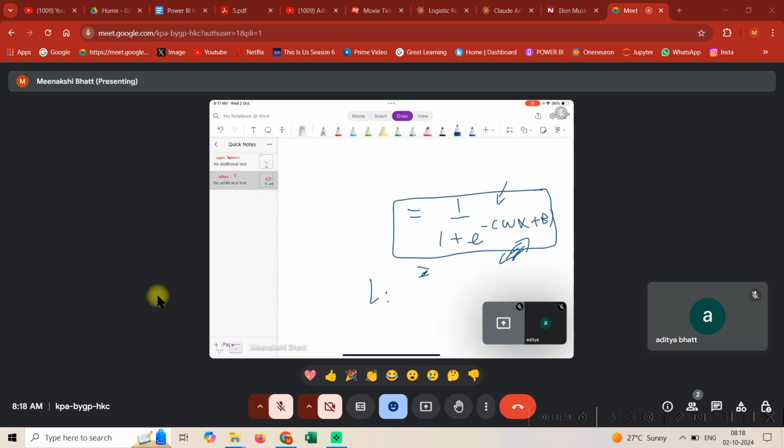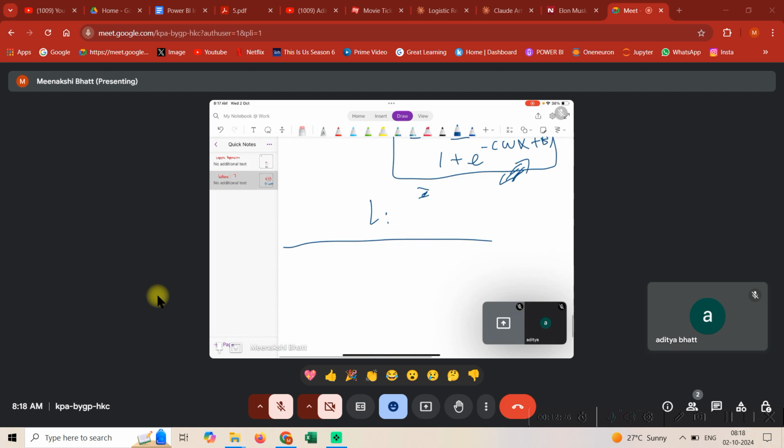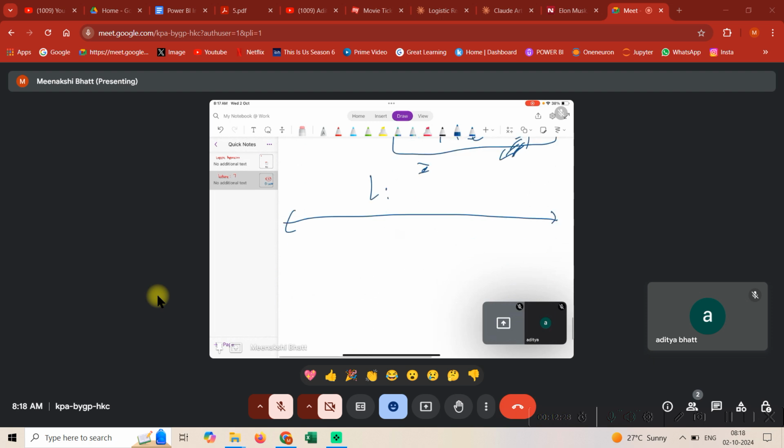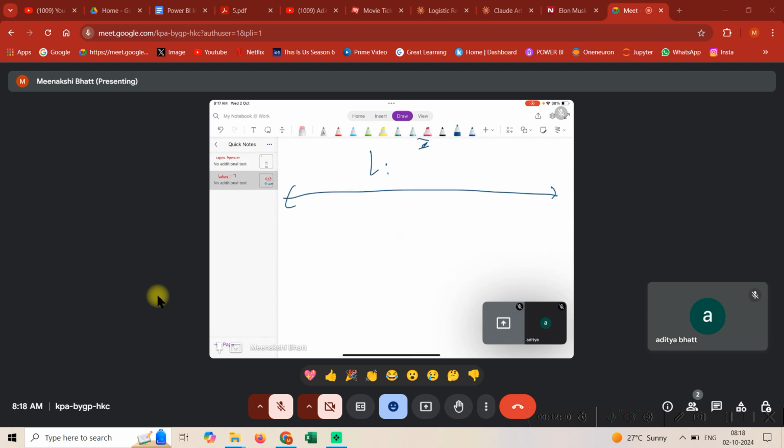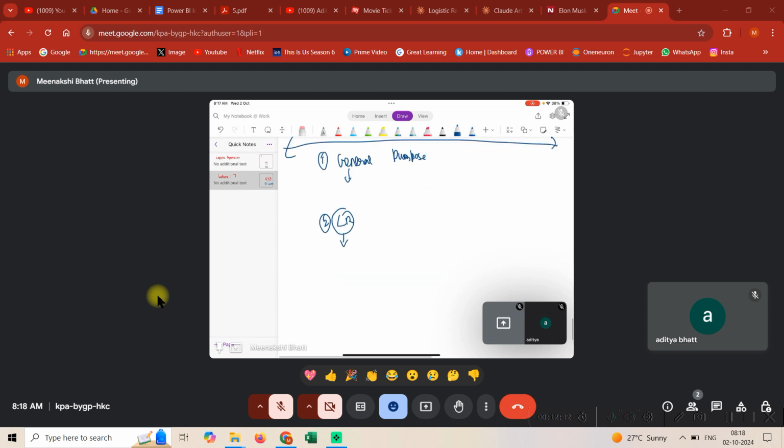So guys, the main thing you need to understand from this lecture is that we talked about two things: one is general purpose, and then we gave the example of logistic regression. Let's try to combine everything we have done, and I'm sure you will be able to get it.